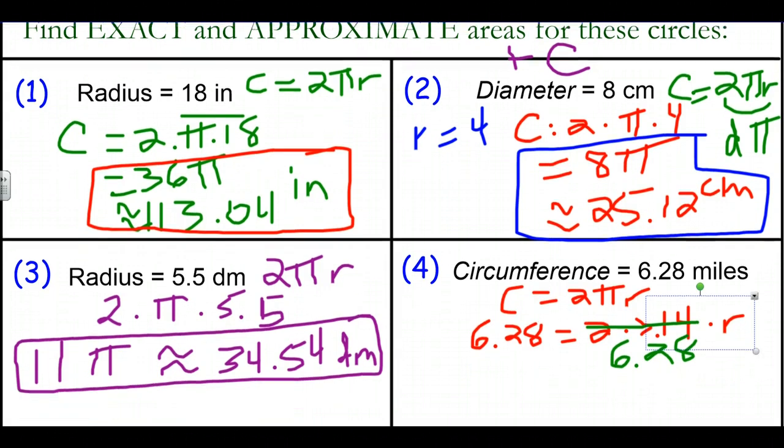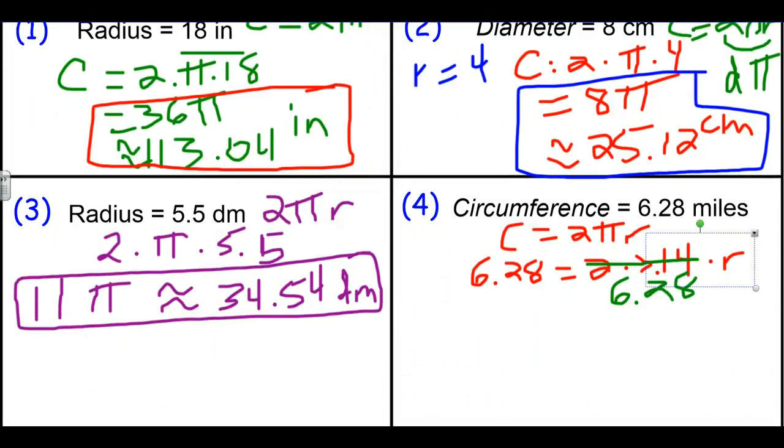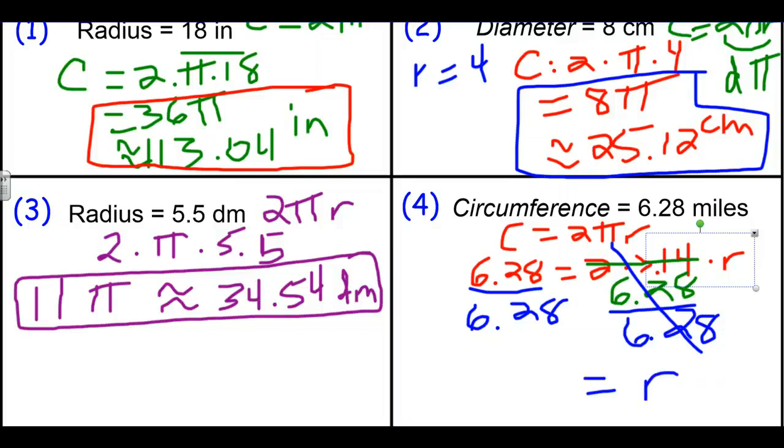And if we treat this like we're solving an equation, which we are, and divide both sides by 6.28, because we have 6.28 times r equals 6.28, cross that out there, that simplifies to just r. 6.28 divided by 6.28 is 1. So the radius of this circle is about 1 mile. We're going to treat it like it's exactly 1 mile.